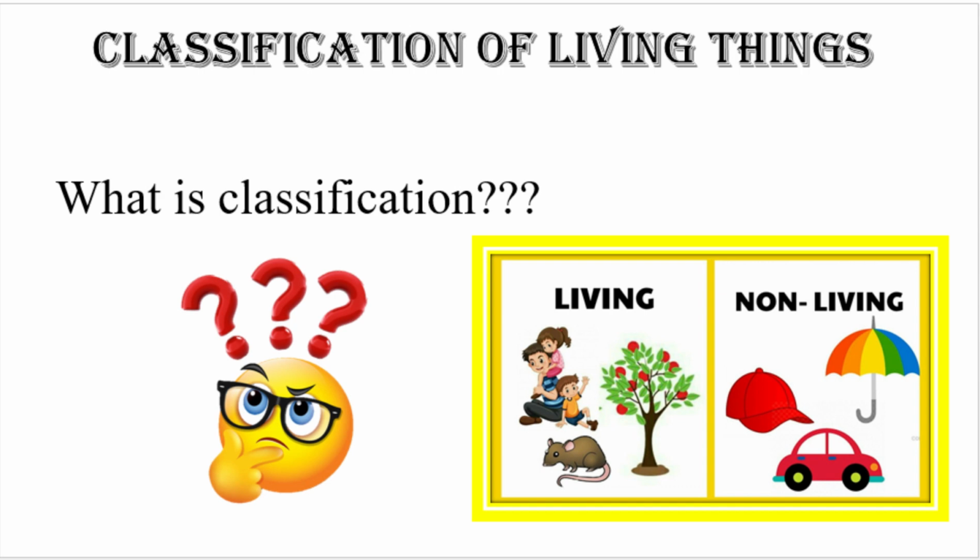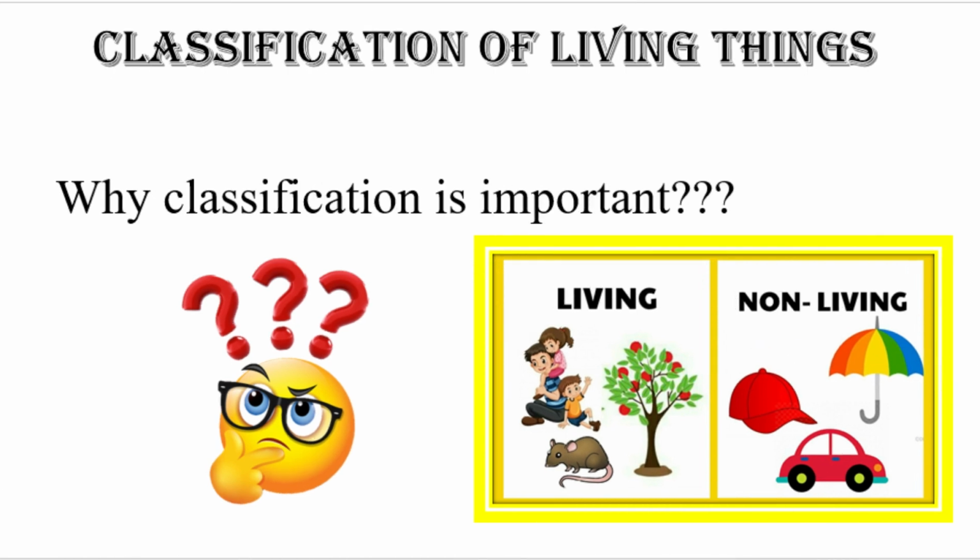Students, do you know? There are almost about 8.7 million organisms. Interesting? Students, do you know why classification is important? As I told you, there are almost about 8.7 million organisms present on Earth, and to make their study easy, scientists have classified them into groups.